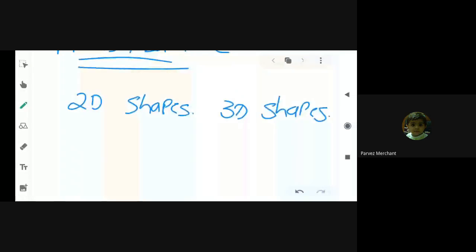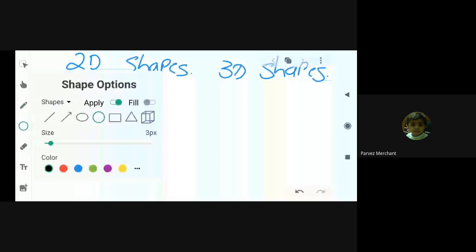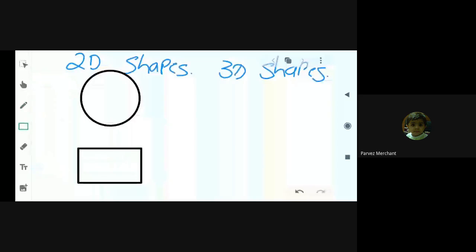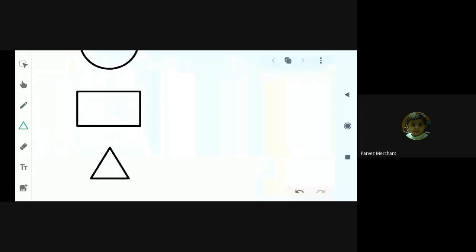There are lots of examples of 2D shapes. For example, here you can see first of all circle is 2D. Then rectangle is also 2D. Square is 2D. Triangle is also 2D.